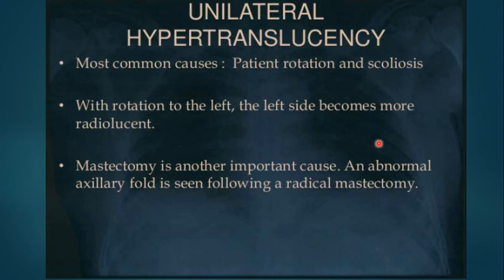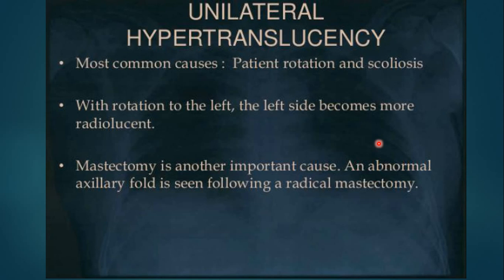Okay, now another common cause in the modern age, modern surgical management of breast carcinoma, is radical mastectomy, total mastectomy. It's an important cause, and you will see that the breast shadow is missing from one side, or in cases of bilateral mastectomy, you look for the axillary fold.